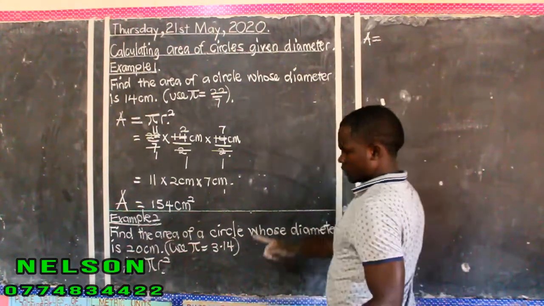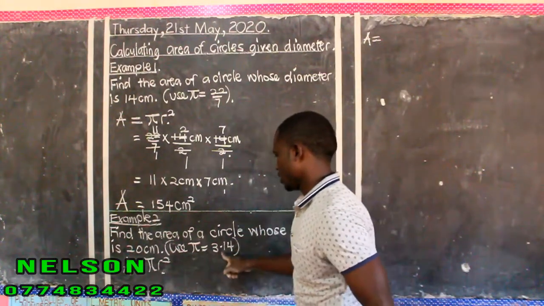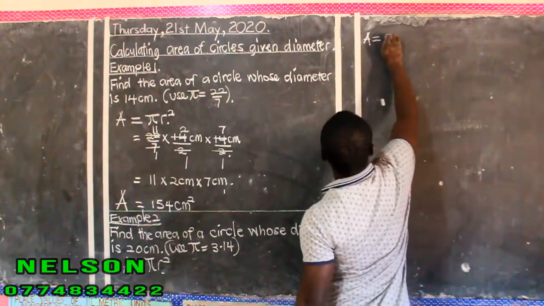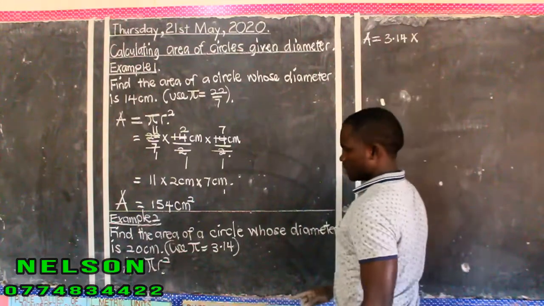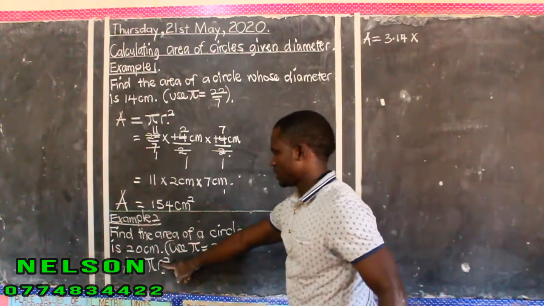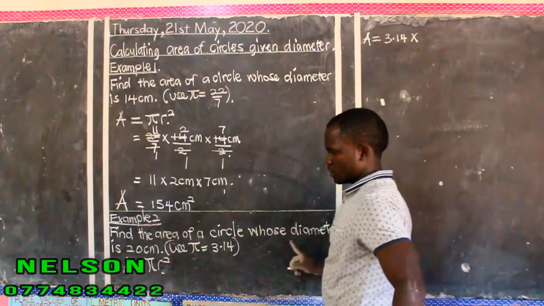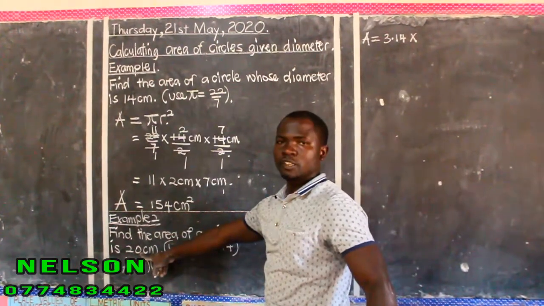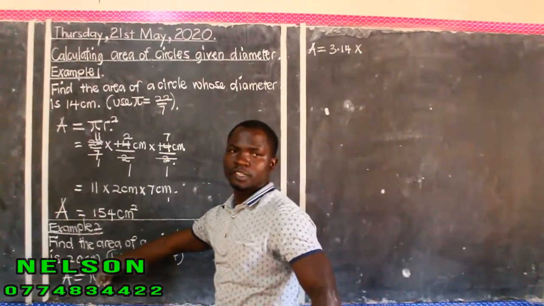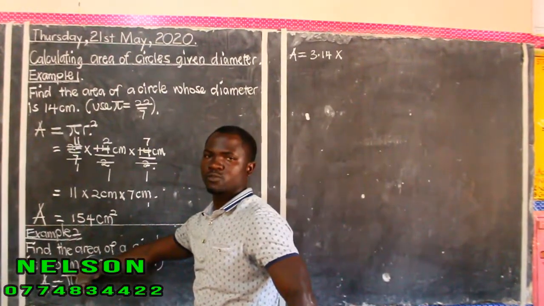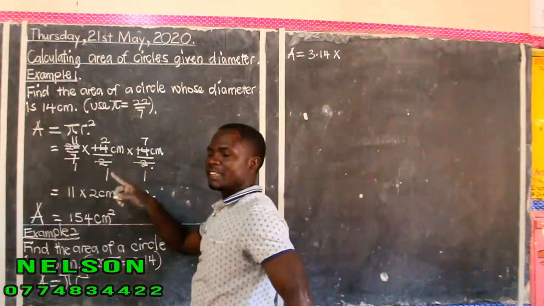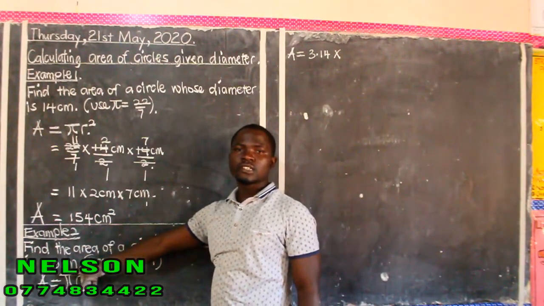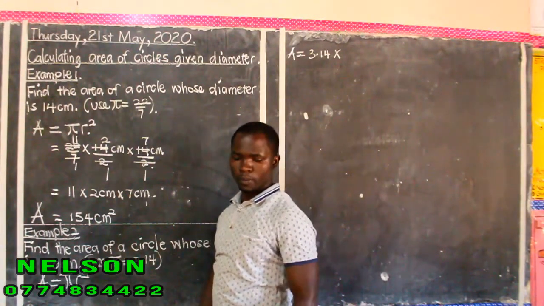Area equals, the pi given is 3.14 times the radius. What have they given us in the question? They have given us the diameter of 20 centimeters. And how do we get the radius from this diameter? We get the radius from this diameter by dividing this diameter by 2.